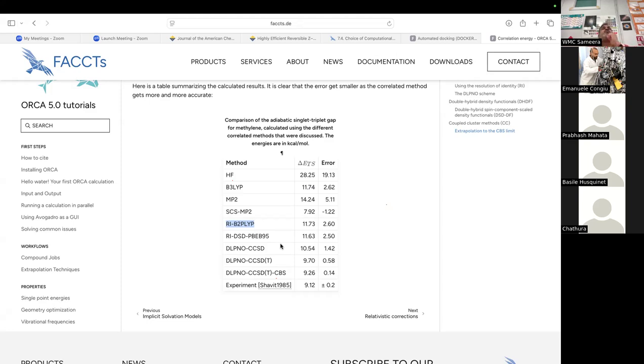So one option would be to use DFT and optimize your structure, and then use the optimized structure and compute the properties using high accuracy methods. So this is the common approach. Even in this tutorial, you did that.